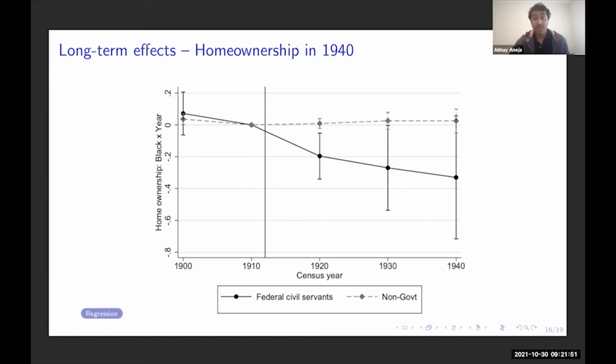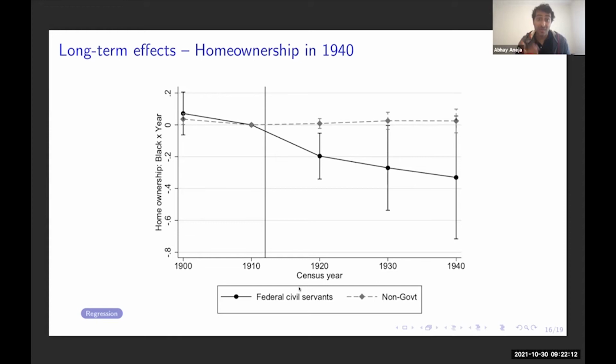Of course, one downside here is that we're losing the high frequency nature of the data, but using the same design, what we see here is that after Wilson comes into office, the relative rates of Black home ownership declined pretty rapidly after 1910. That's the black line on the slide, the civil servant sample.